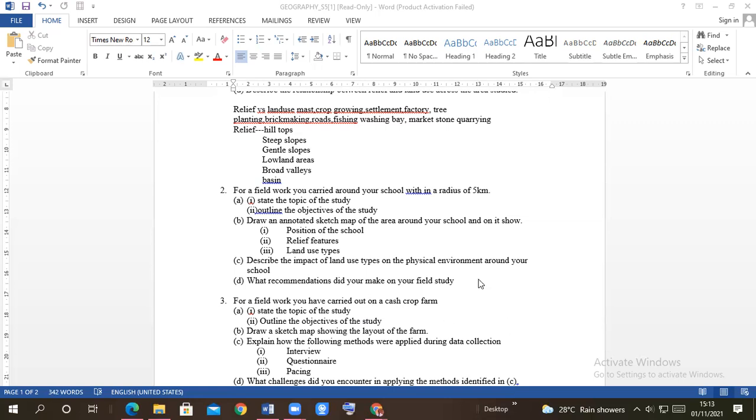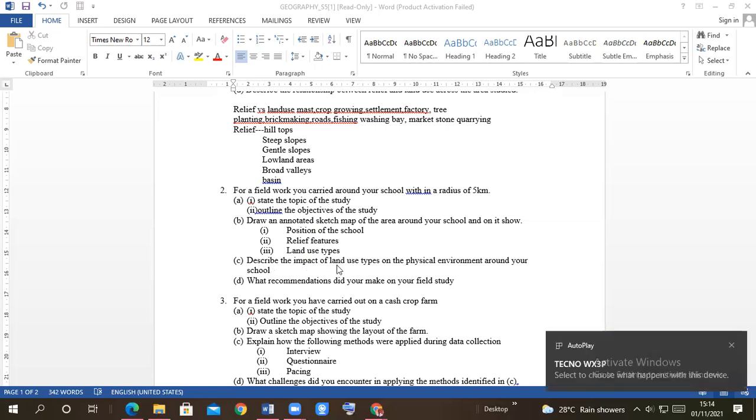So local names are key on this question of field work. Then you put the key down there and you put at least any 3 features which you have been trying to show on the map for 1 mark. And that's how you draw this annotated sketch.